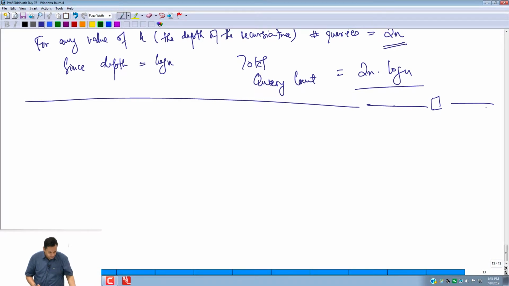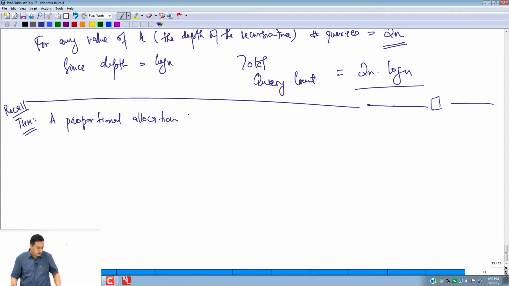Well, just a quick revision. So what we have done through the means of two different protocols, two different algorithms, is established the following theorem. Recall what we have shown is that a proportional allocation, an allocation which is fair in the sense that everyone receives an interval, a connected piece of value at least 1 over n times the value for the entire resource, always exists.